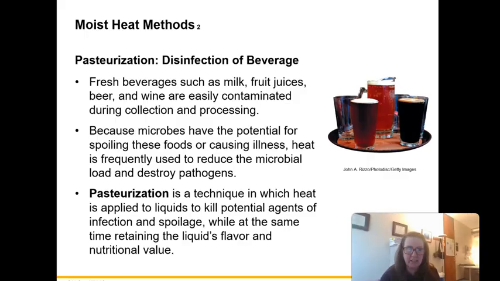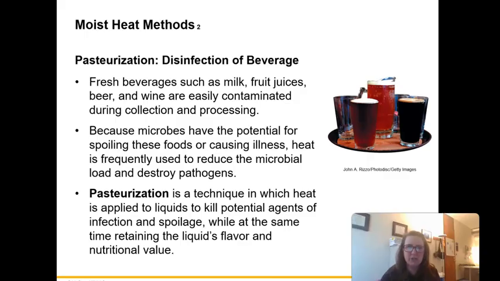So we're usually thinking about a much cooler temperature, 63 degrees Celsius for 30 minutes. And this is for a big old batch of whatever it is, if it's beer or milk or apple cider. Essentially, it is going to dramatically reduce the number of vegetative cells, but it doesn't necessarily kill all vegetative cells.